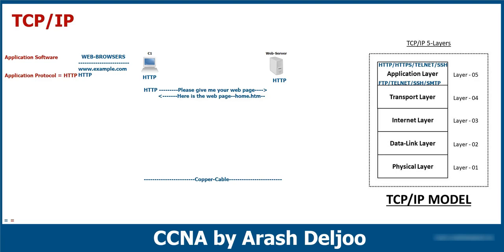Let me give you a closer look at this process. When you send the HTTP request to the web server, the web server gives us an answer. Let me write here. In HTTP, we have one interesting and famous message.